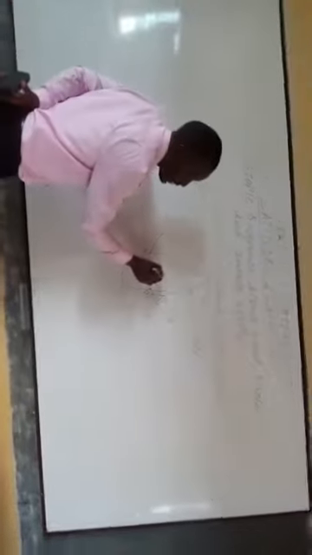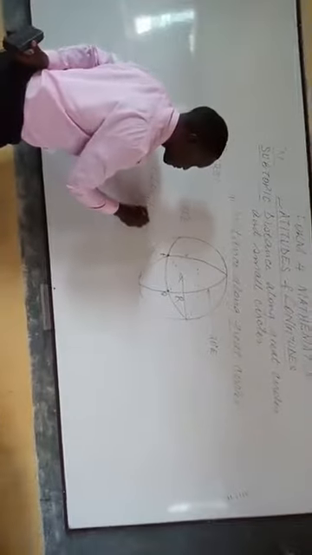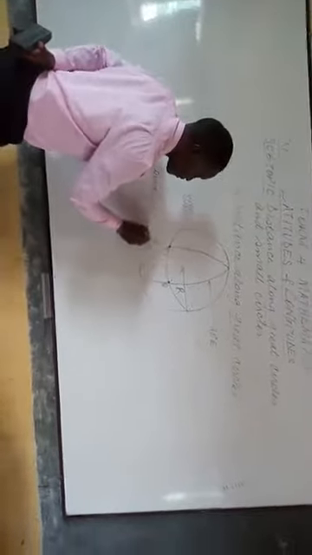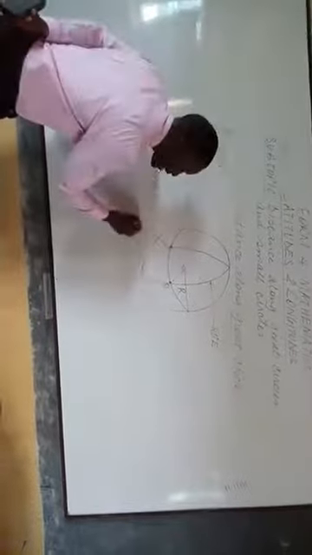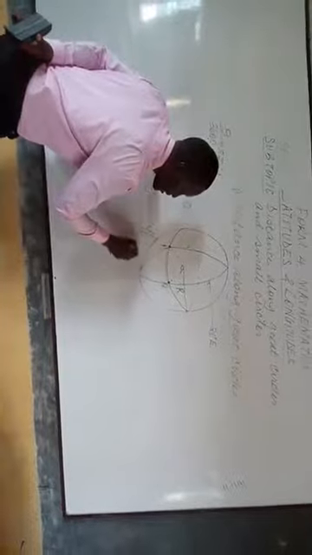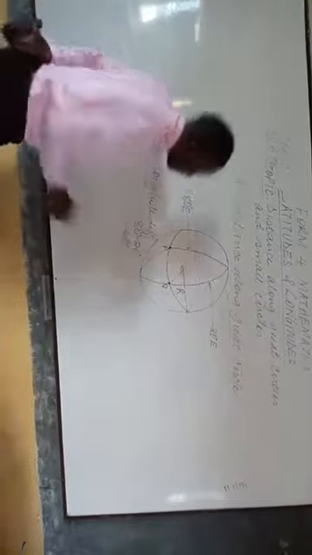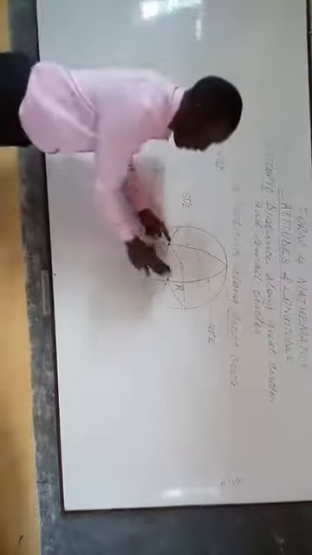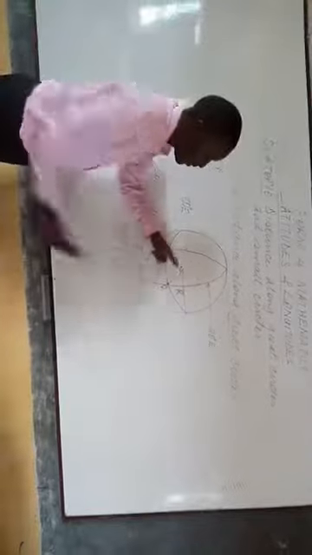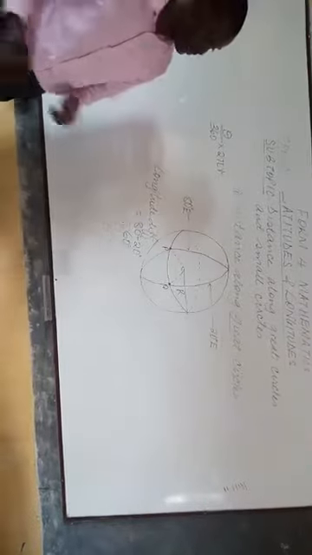So this angle here, which we are calling the longitude difference, will be given by, because they are on the same side, 80 minus 20. And that gives us 60 degrees. So we know from point P to Q, that arc here subtends an angle of 60 degrees at the center. That is what you are calling longitude difference.